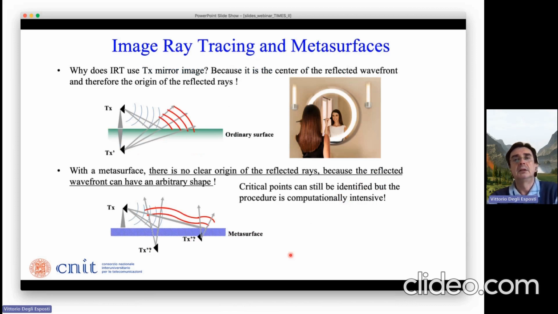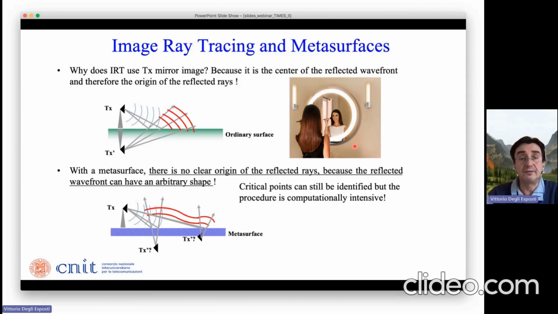Let's now come to ray tracing and metasurfaces. Why does image ray tracing use the transmitter mirror image? Because the mirror image is the center of the reflected wavefront from a given surface, and therefore it is the origin of the reflected rays. The mirror image is similar to what we have with a mirror and the image of a face with respect to the mirror.